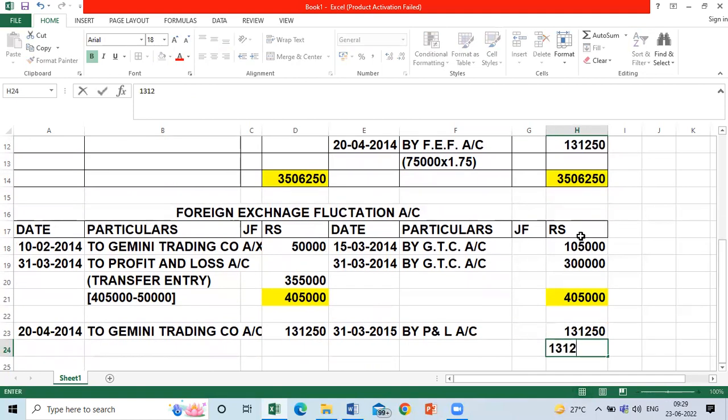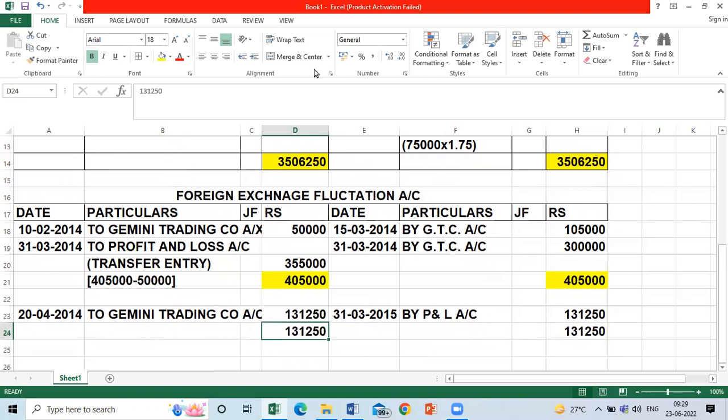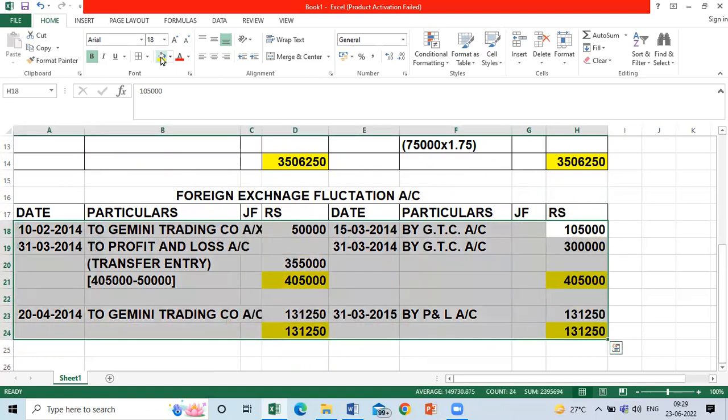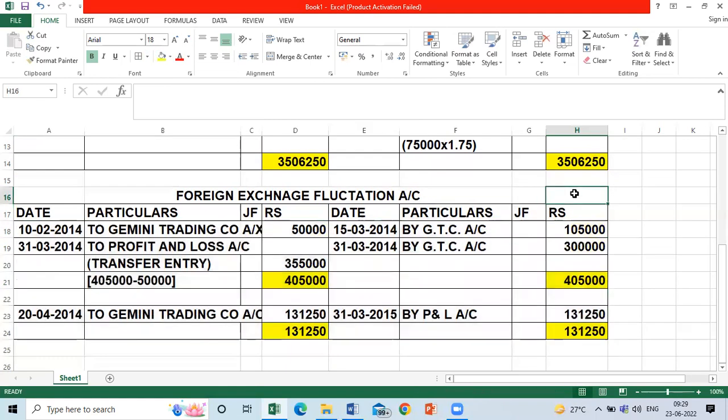The account will tally. We have closed the books of accounts. We have closed the foreign exchange fluctuation account. Any questions here? Any doubts? All clear? Shoot now, fast.